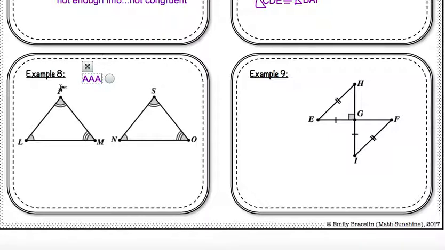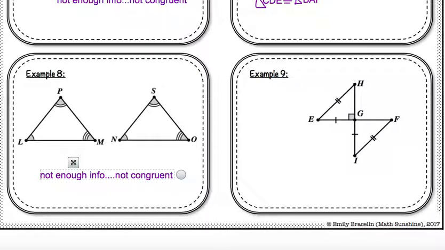Unfortunately, that's not a reason for triangles to be congruent, because this triangle might be ever so slightly larger or smaller than the one on the left. There's just no way of knowing unless they give us a side measure, which they don't. So we're going to say that there's not enough information, which means they're not congruent.